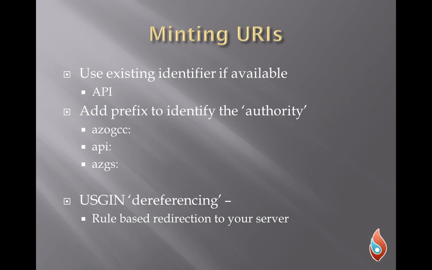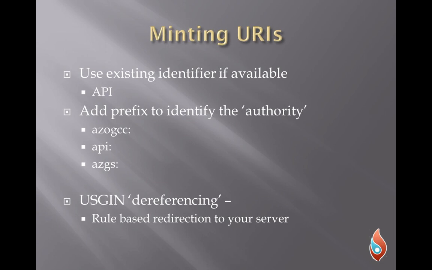One of the conventions, though, that we're promoting in the information system here is to add prefixes on identifiers that will identify the, quote, authority, that tell people something about what kind of identifier this might be, or who assigned it. So in the case of using API numbers, our convention would be to put API: in front of that.